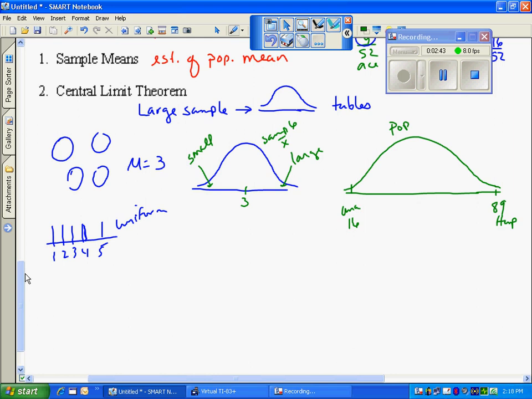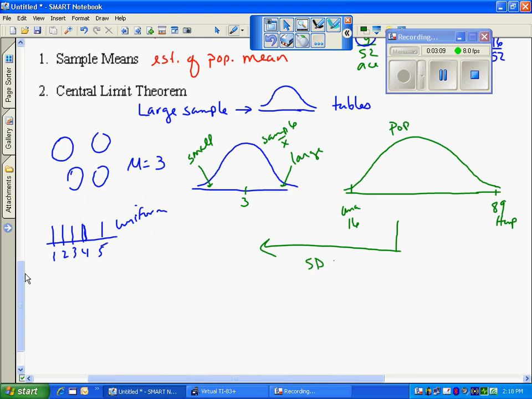That's a lot of spread. If I was to take samples of size 2, Hap would get averaged in sometimes with a young person and sometimes with an older person, but he still wouldn't be as old as 89. And Anastasia, the 16-year-old, would be averaged in with people that were older than her, so she would never be at that 16.